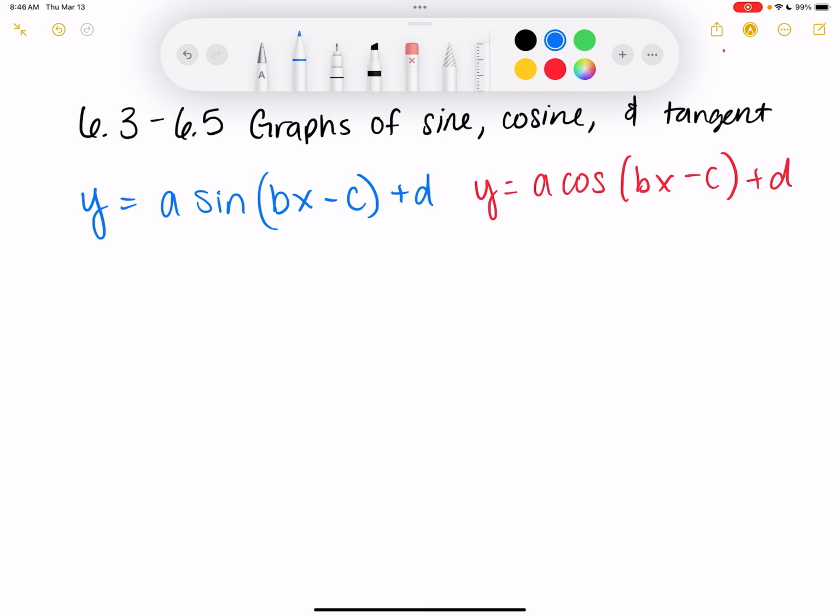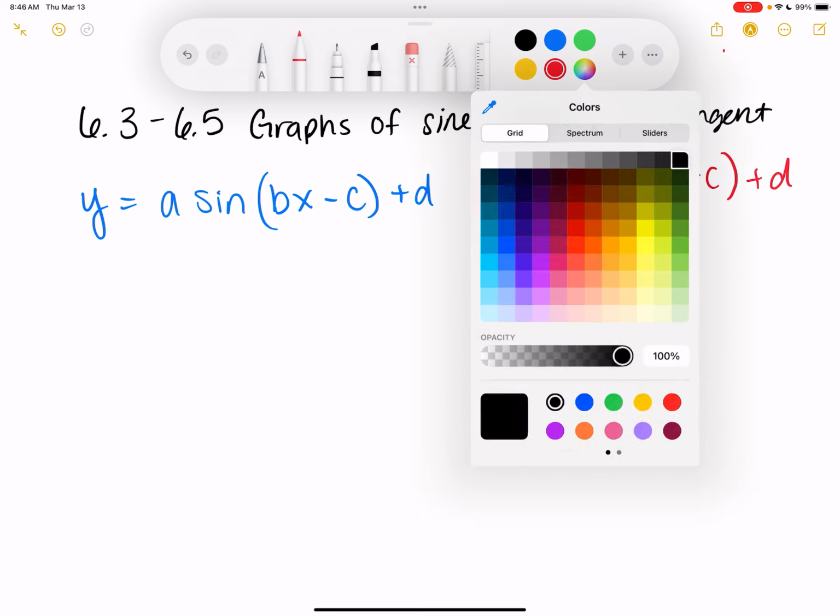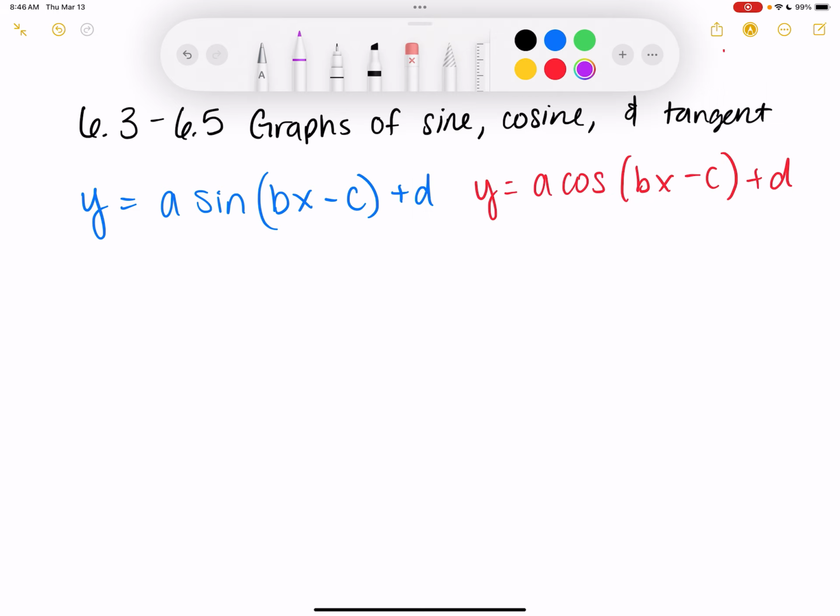All right, so basically we're going to be looking at the steps to solve these things. And these steps will apply to sine and cosine. The only difference in the two is where their starting point is. Sine always starts at 0. Cosine always starts at our amplitude. So steps to graph sine and cosine.